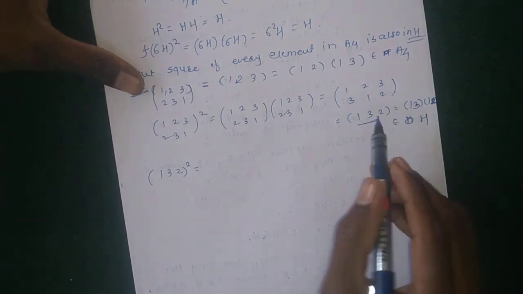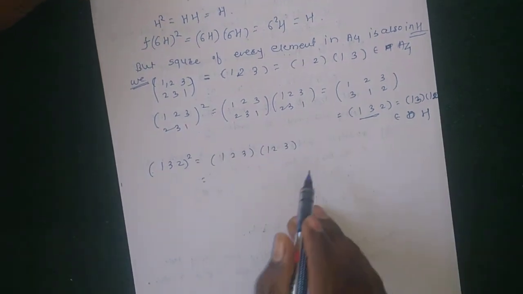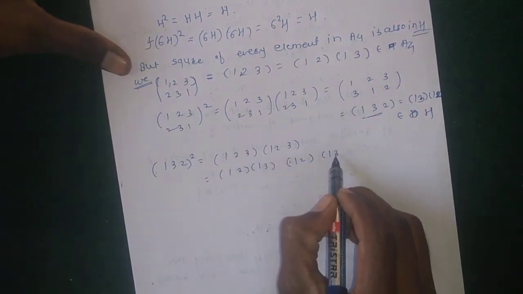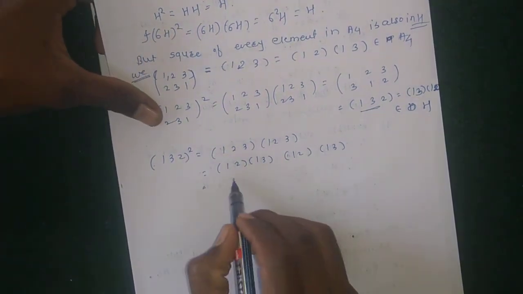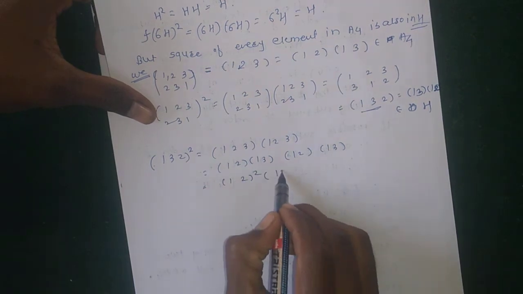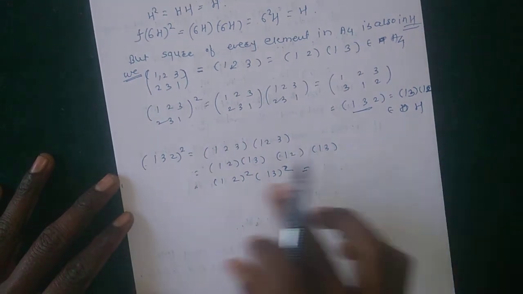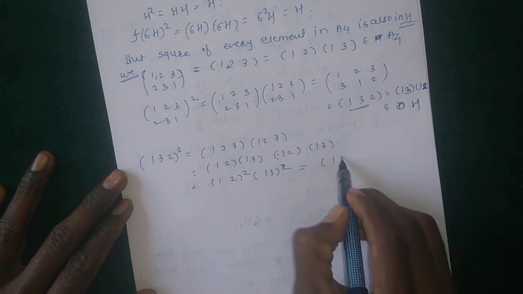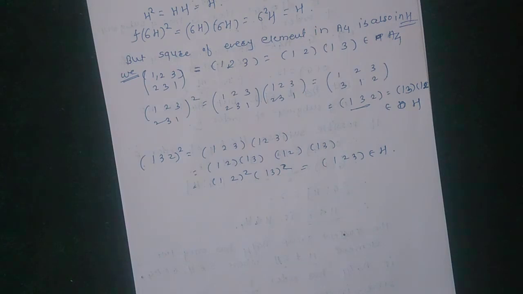Then again it is (1 2 3) in cyclic form, that is (1 2)(1 3), which implies (1 2) squared times (1 3) squared. Squaring again, its value is (1 2 3), which also belongs to H.